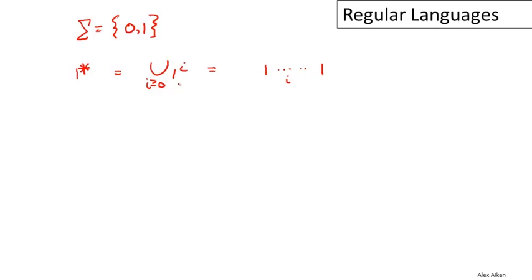And so this is going to be the empty string, that's 1 concatenated with itself 0 times, followed by 1, followed by 1, 1, followed by 1 concatenated with itself 3 times, followed by 1 concatenated with itself 4 times, followed by 1 concatenated with itself any number of times. And so we can see that this is just equal to all strings of ones.